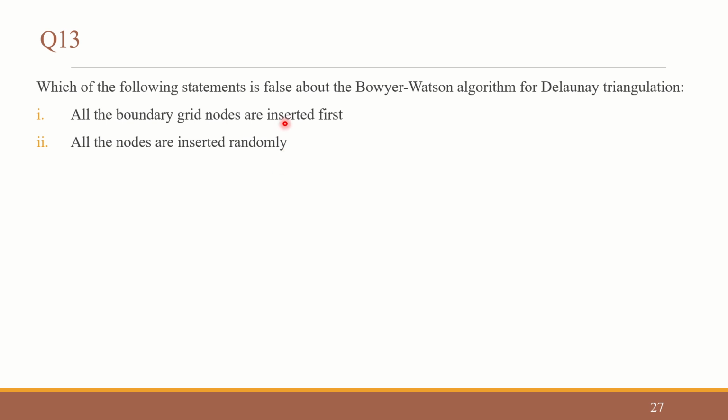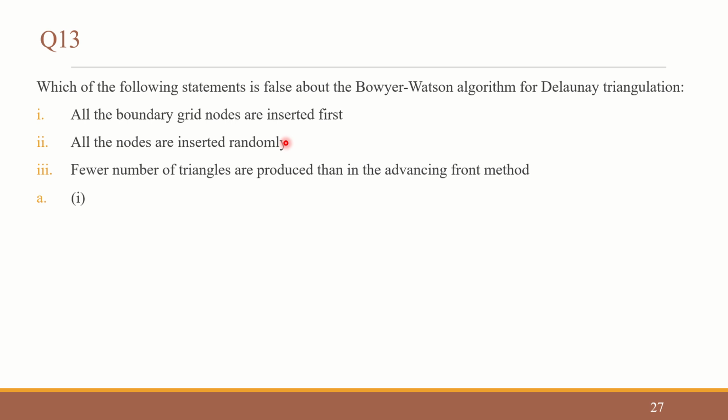Second, all the nodes are inserted randomly. And third, fewer triangles are produced than in the advancing front method. So we are given three statements and asked to identify which is false for the Bowyer-Watson algorithm for Delaunay triangulation.